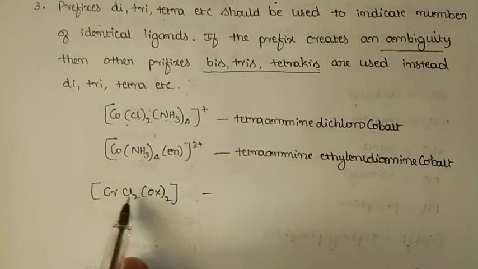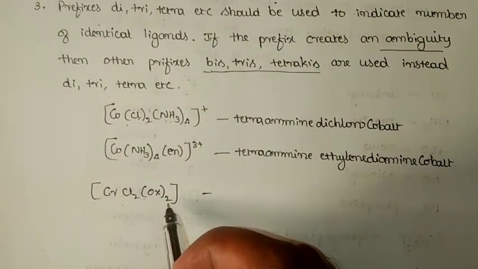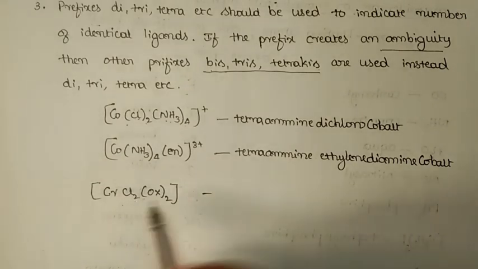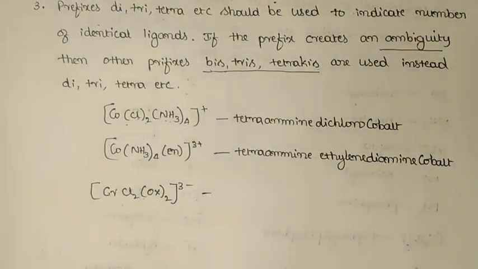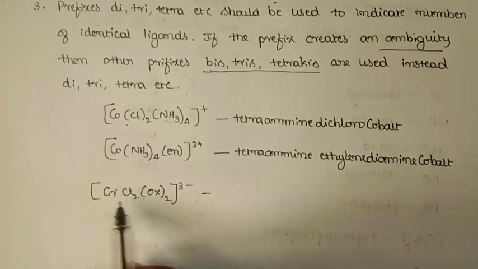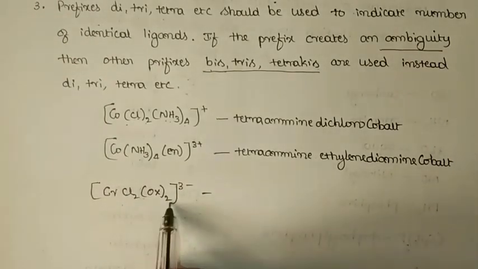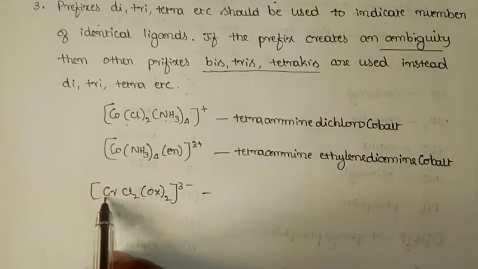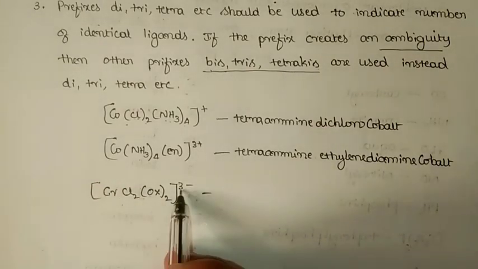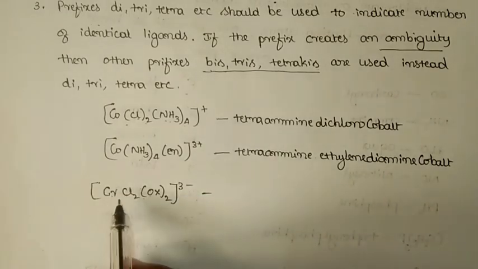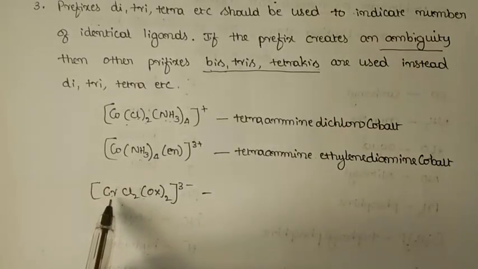So here we got a heteroleptic complex with 3 minus charge. Here we got a complex anion. We have 2 chloro and 2 oxalato, which is a bidentate ligand, so 2 twos are 4 plus 2. Again the coordination number of chromium is 6 and the charge on the complex is 3 minus. So here chromium is in plus 3 oxidation state. That we shall see in the next rule.